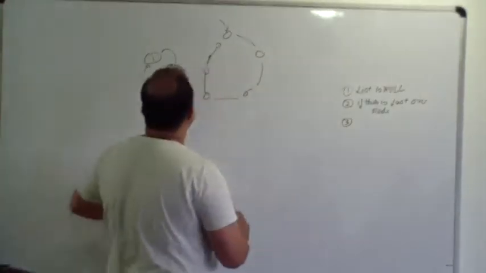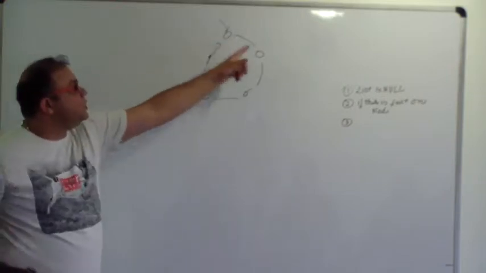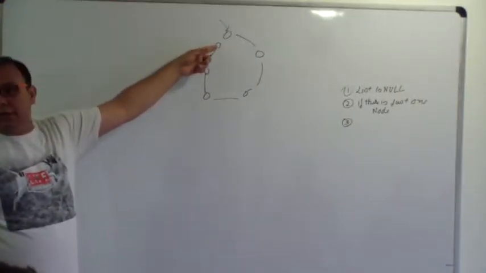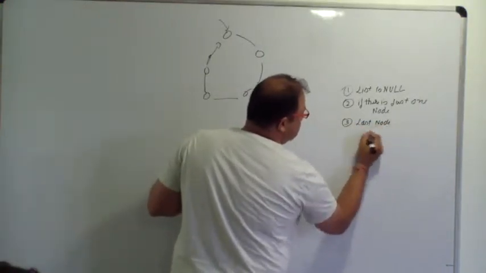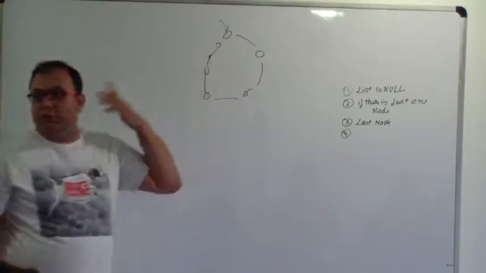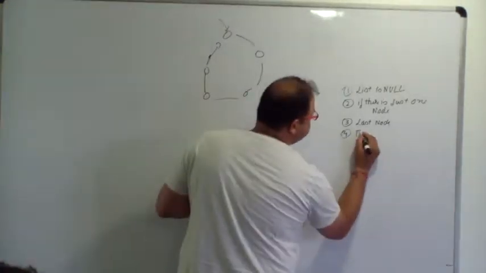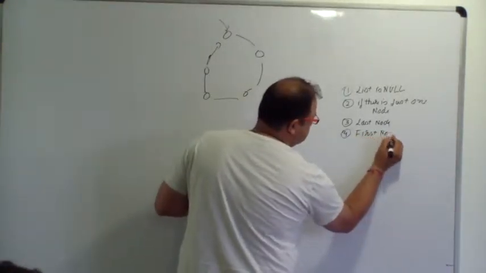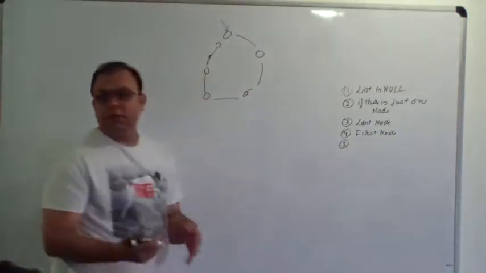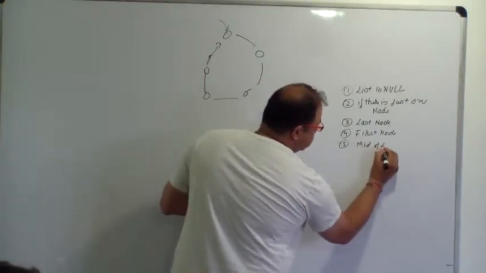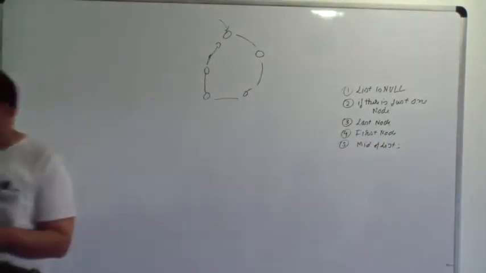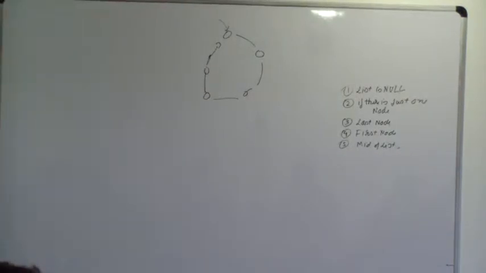Third would be that the data you are adding is going to get added at the last. Fourth is if it is going to be added to the first node. And the fifth condition is the general condition, where you are adding in the middle of the list.